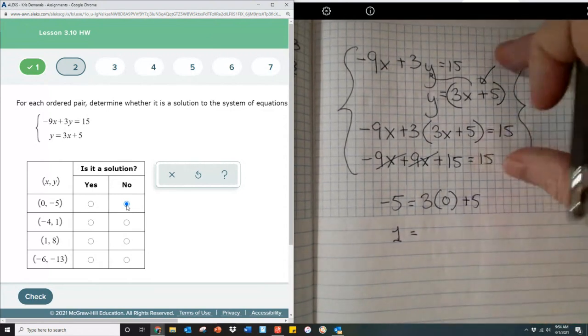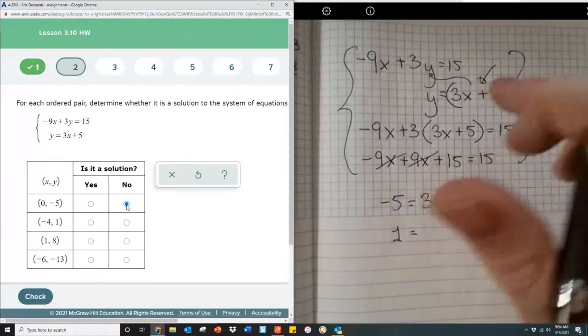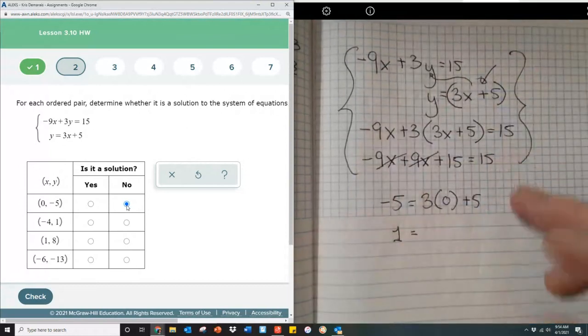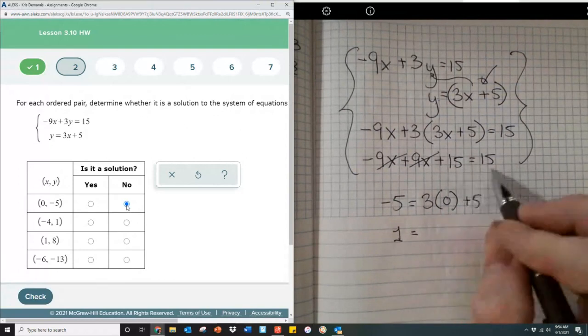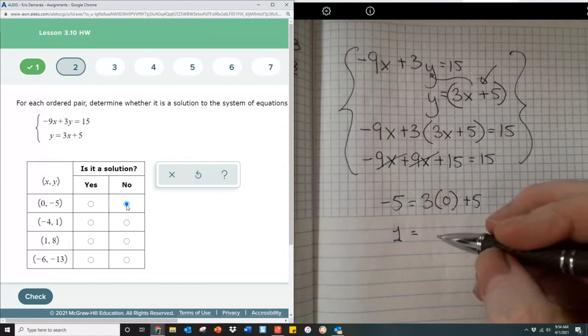But I'm telling you, this could save you time. That was not that difficult to do some basic structure of replacement and isolation of a variable. And whenever it equals like this, it means it's infinitely many solutions, and that means you have to test each point. So it's that structure of approach.